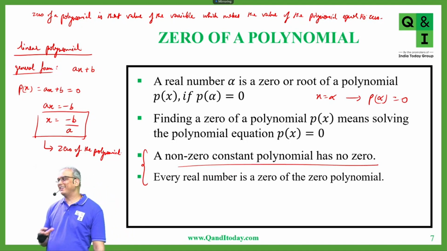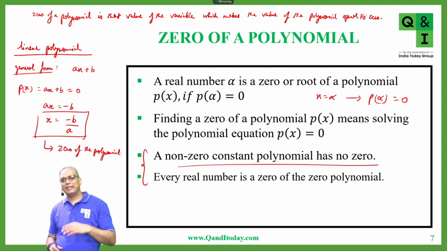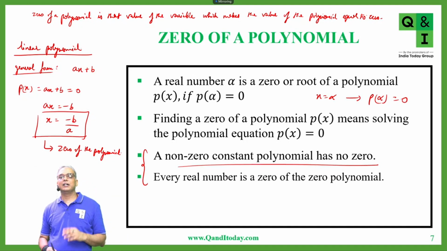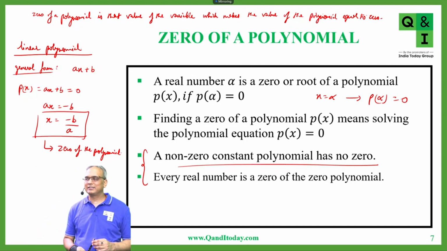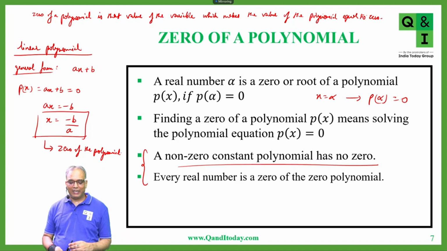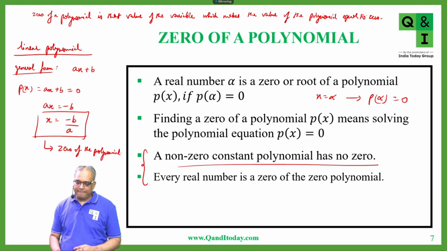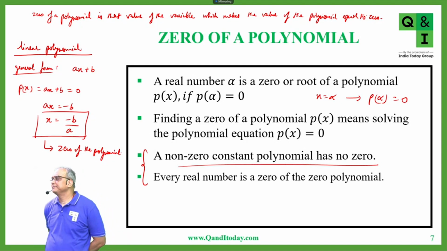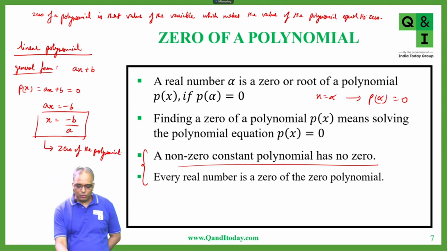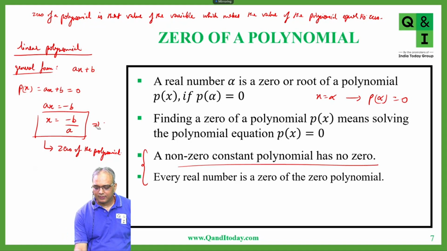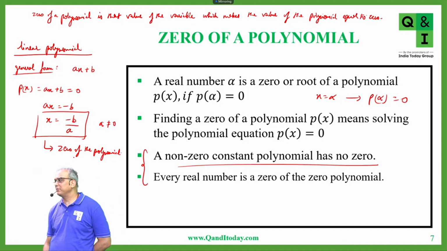So this is a general case. You bring the constant on the other side, divide by the coefficient of the variable x, and you will get the value of the zero of the polynomial. Is it clear to everyone? You also need to know that here a is not equal to 0 because the denominator cannot be 0.